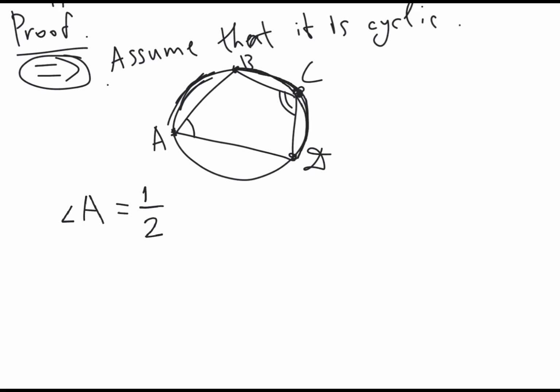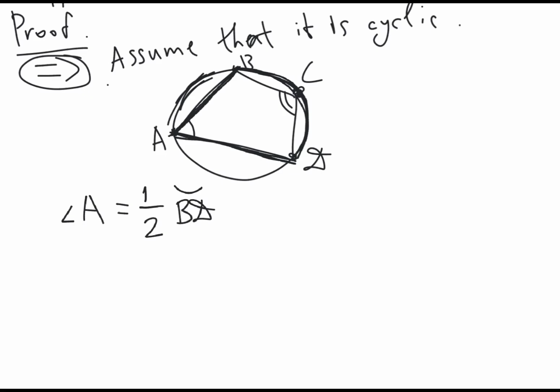Therefore it's equal to half of this arc BD, because it's an inscribed angle. Any angle that is inscribed in a circle is always equal to half of the arc which it subtends.